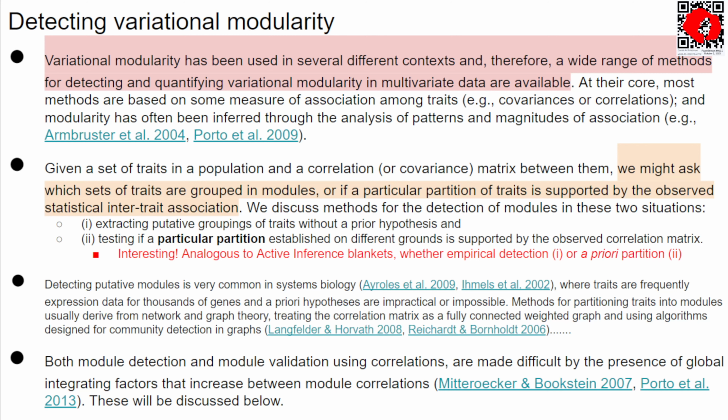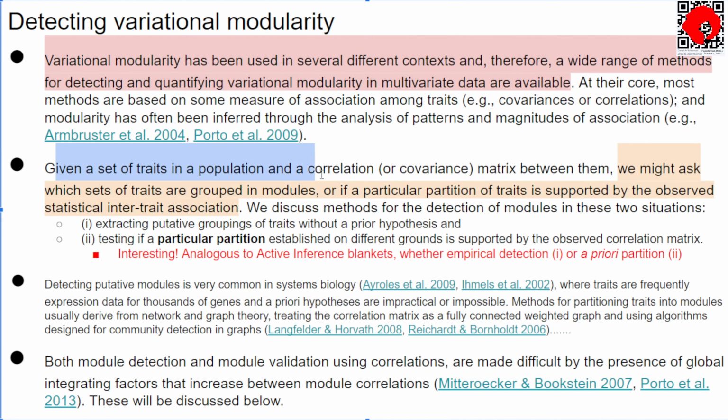So this is connecting back to their definition of variational modularity as covariance architecture. Variational modularity has been used in several different contexts, and therefore a wide range of methods for detecting and quantifying variational modularity in multivariate data are available.